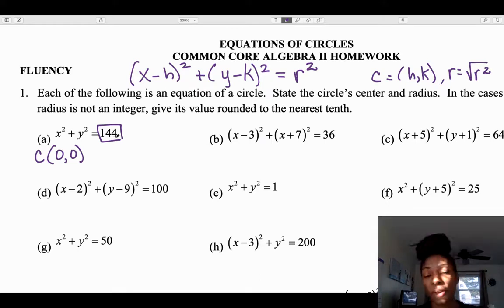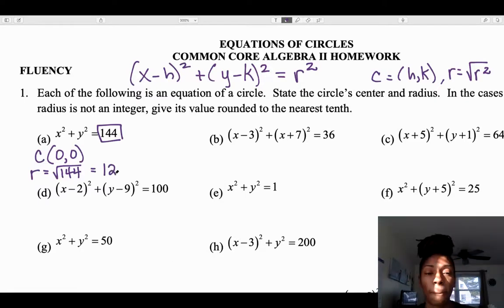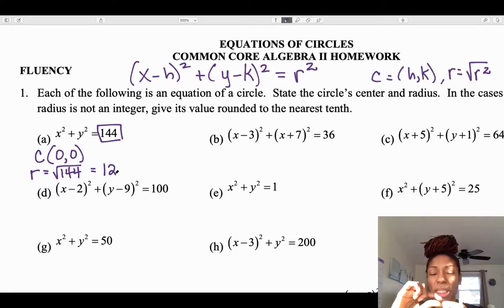So r squared is 144. So r is the square root of 144, which is 12. So the distance from the center to the edge of the circle is 12 units, and the center of the circle is at the origin.